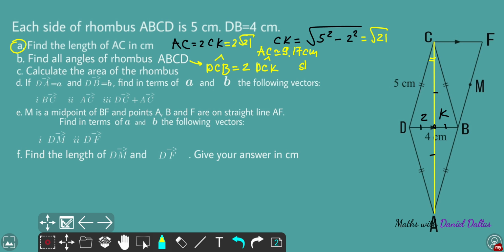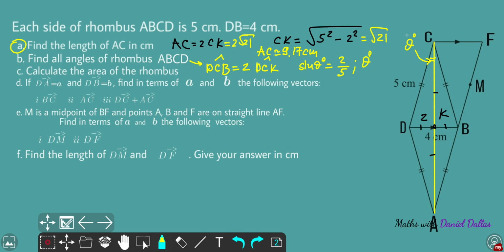Let the angle be theta in degrees, and sine theta is going to be equal to 2 over 5, from where we can find the angle theta itself.